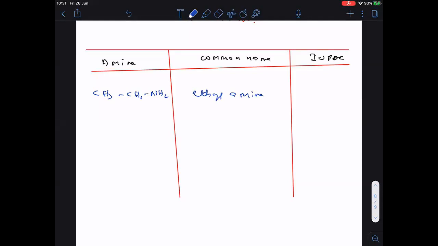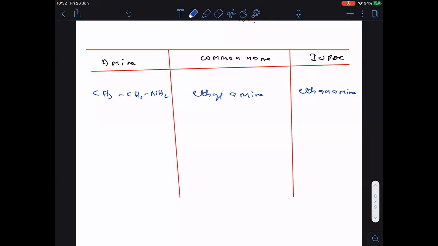According to the IUPAC system, this is called ethanamine.